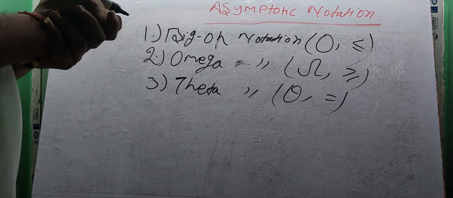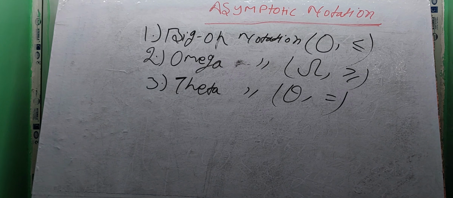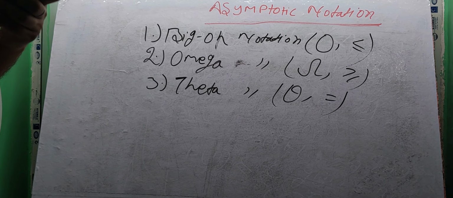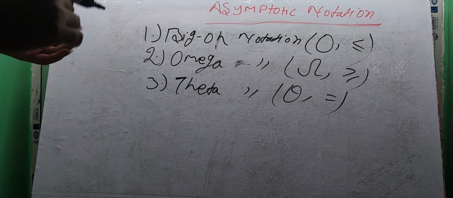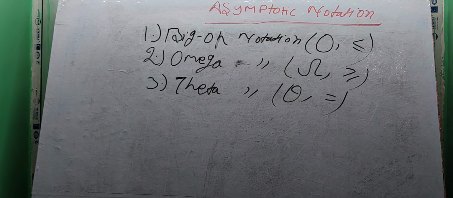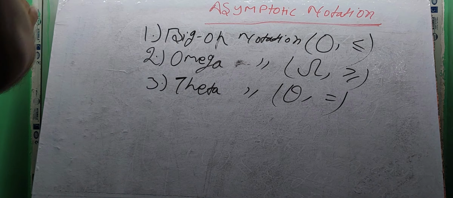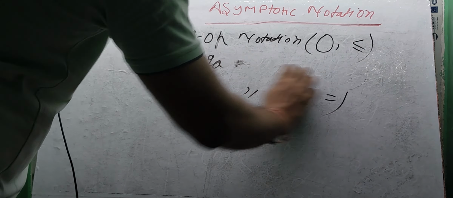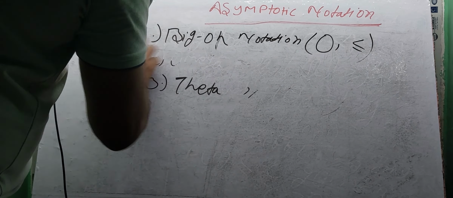And theta is nothing but, if big O notation and omega notation both are following in the same given two functions, then that is theta notation. We will discuss these in detail. Okay, now start with the first, that is omega notation.